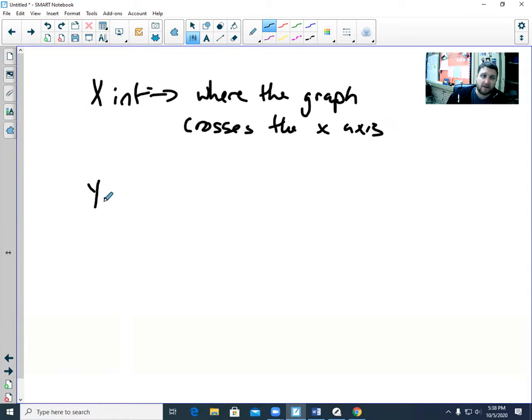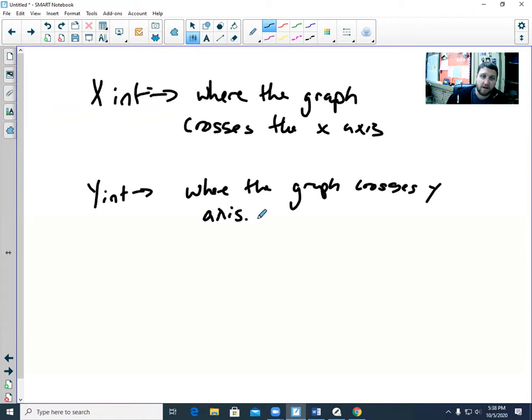And the y-intercept, obviously, we all know this one from y equals mx plus b, is where the graph crosses the y-axis. My handwriting looks like a kindergartner's. But the x-intercept is where the graph crosses the x-axis, and the y-intercept is where the graph crosses the y-axis.